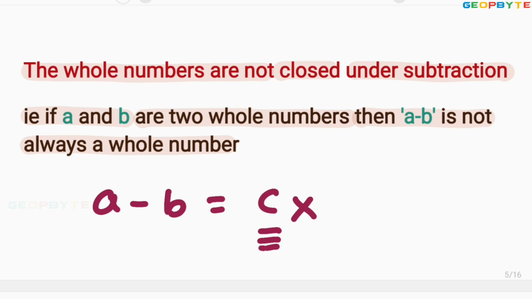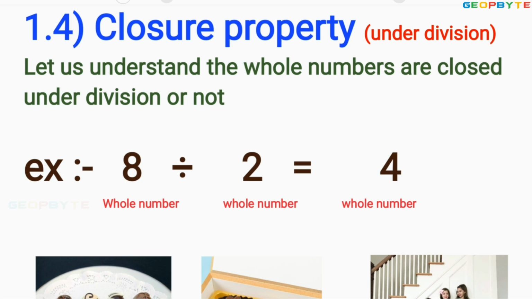The last condition for whole numbers to be closed is division. Let us move to the closure property under division. Now let us understand whether the whole numbers are closed under division or not.